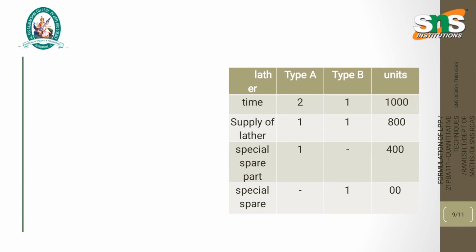The time duration for product A is 2, and the time duration for product B is 1 minute. So these two are produced not more than 1000 units. The special parts for A are available only 400, therefore it is less than or equal to 400, and the special parts for B are also there, it is 700.